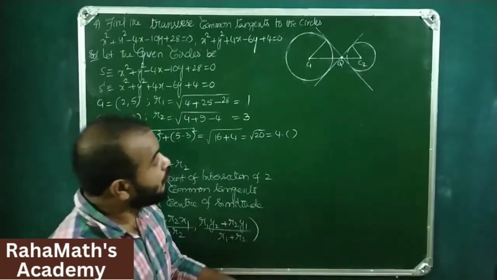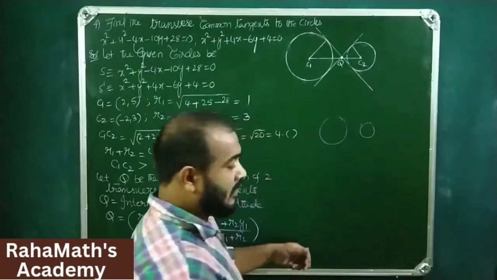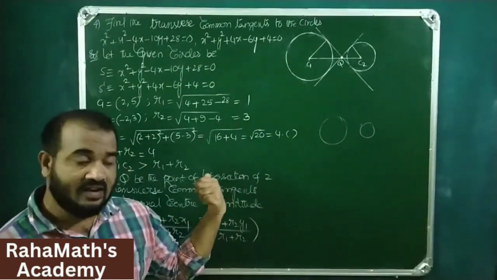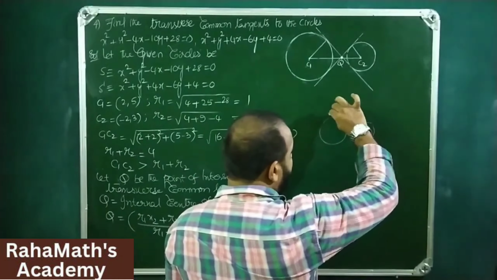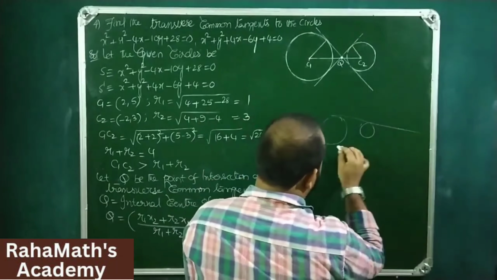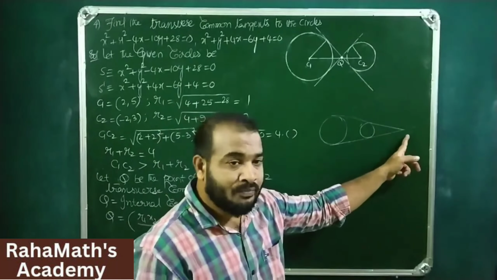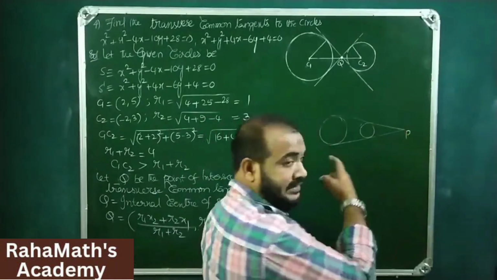Okay, last problem. Two circles are like this. Last time also the condition is the same, C1 C2 is greater than R1 plus R2. That time we were required to find the direct common tangents, these as well as this. These two are intersecting at this point, which I supposed to be P in the last problem.